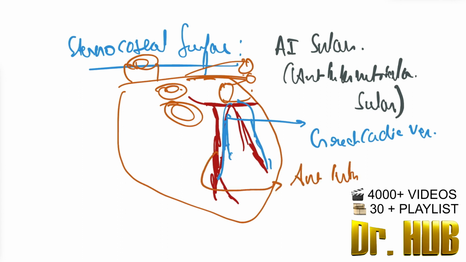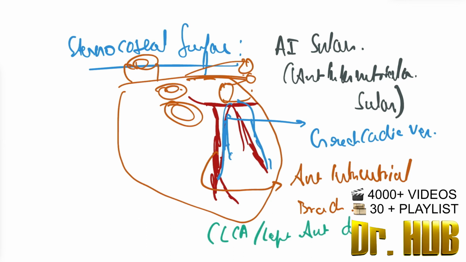The anterior interventricular branch is of the LCA, the left anterior descending artery.